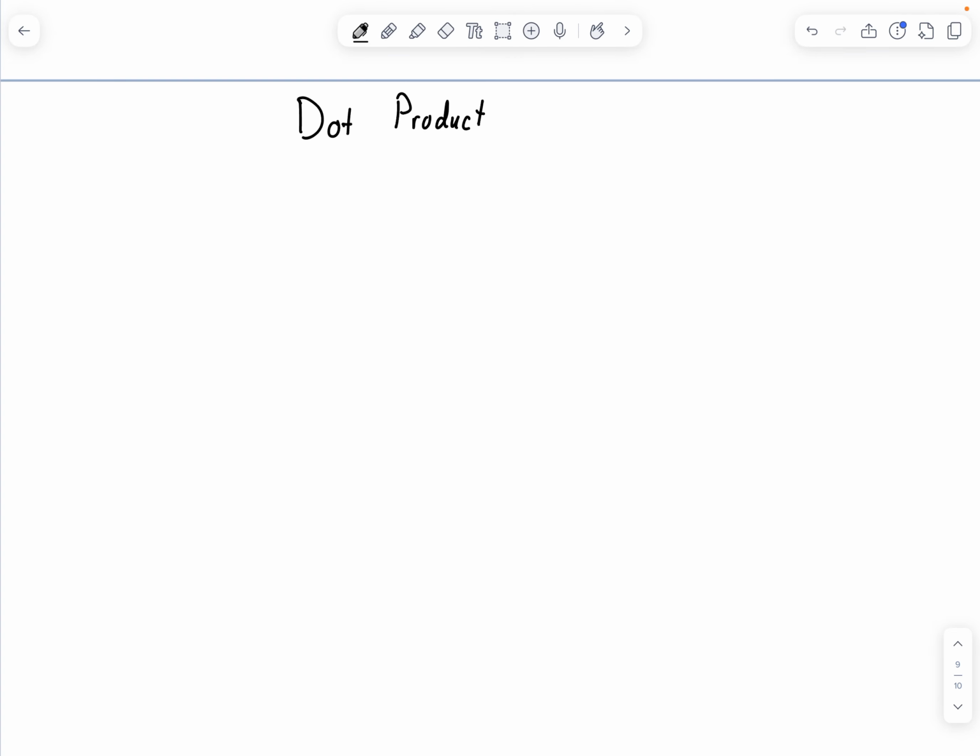In this video, we're going to review the dot product. So the dot product is an operation that combines two vectors and produces a scalar.